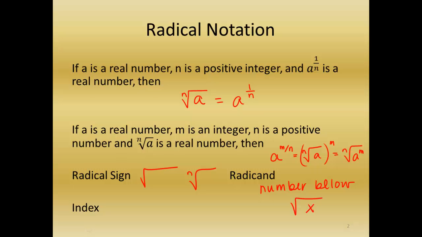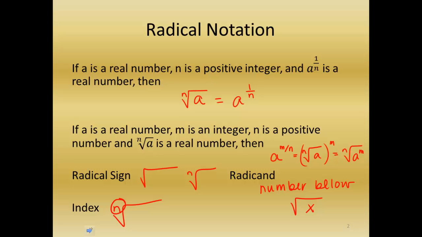And our index is the little n. This would be the index, and it tells us what type of root that we're working with. Okay? And then, of course, when we use our square roots, we don't need to include the n. We use a familiar notation that is just the square root rather than the second root of.